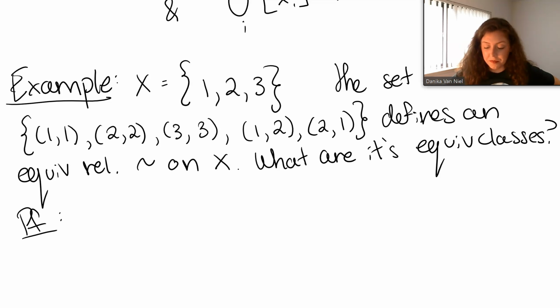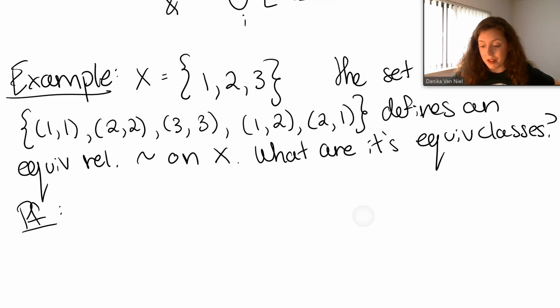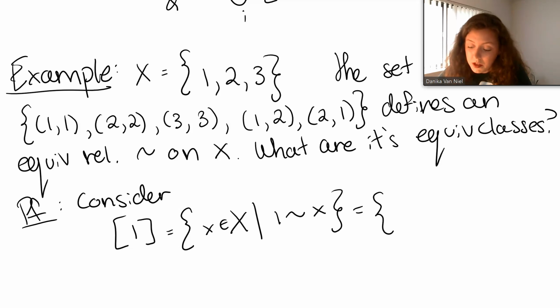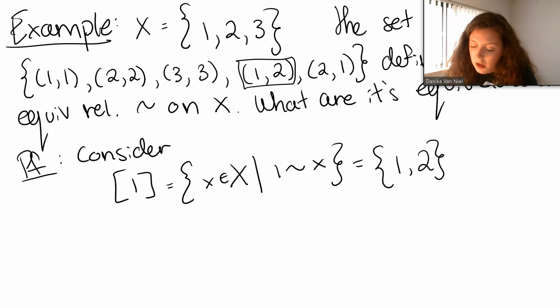Let's start with the equivalence class of 1. That's going to be all the elements in our set X such that 1 twiddles them. It twiddles itself, and also here it says it twiddles 2.